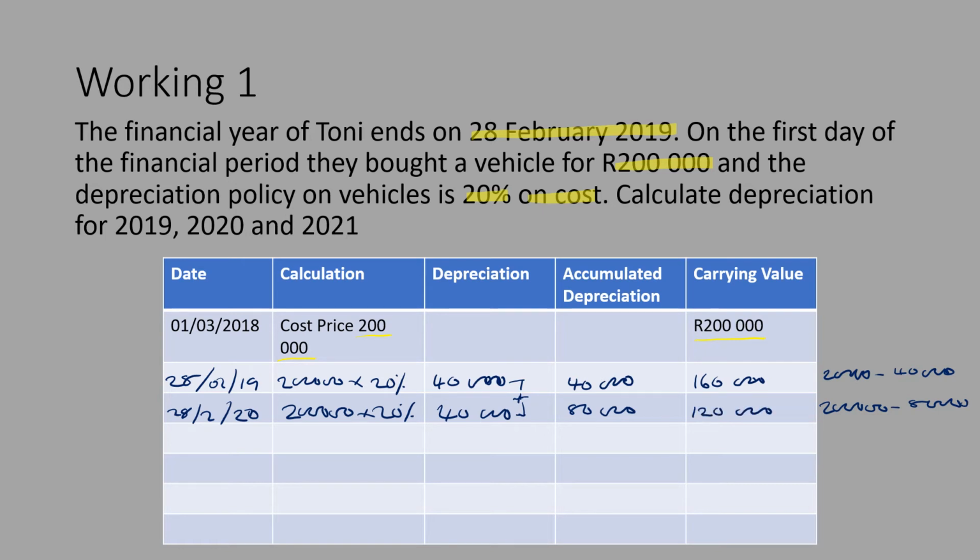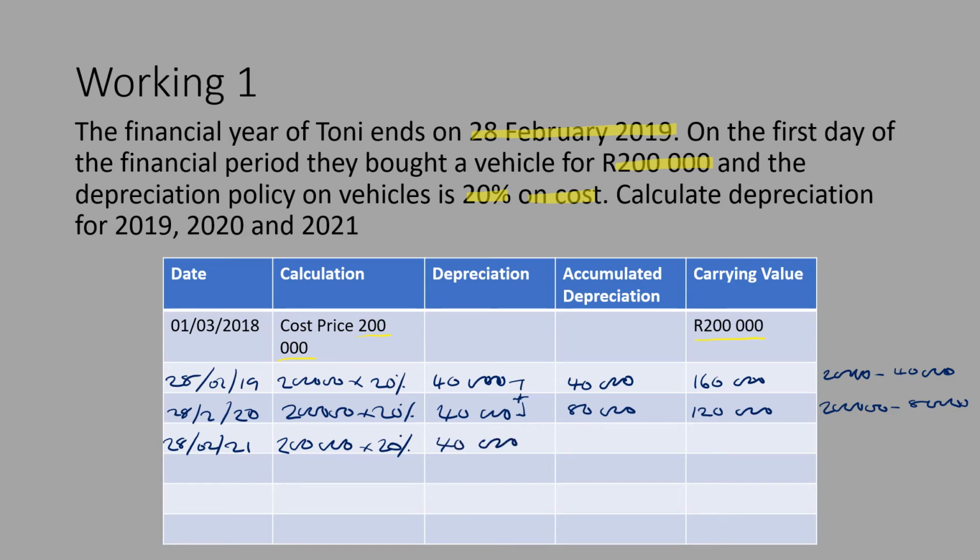Then I go to 2021. The calculation will be the same. That will be 200,000 times 20%, which is 40,000.